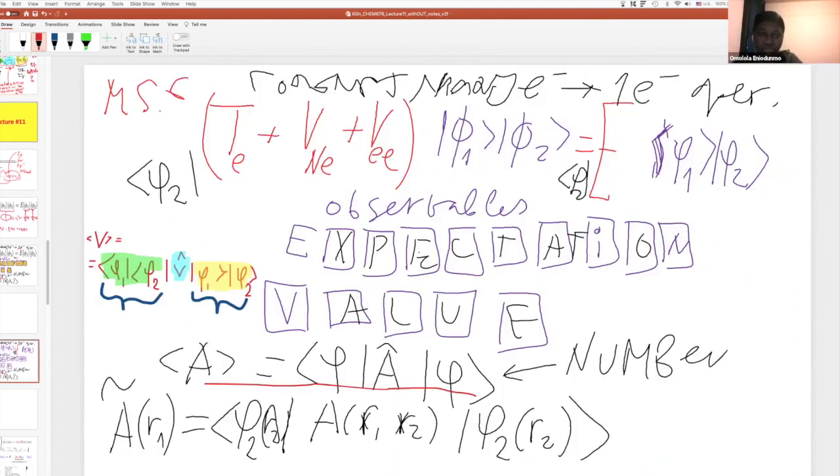Now it is here. So we have bra for 1, bra for 2, ket for 1, ket for 2: two wave functions from the left and right of the operator. This is a typical and standard thing.